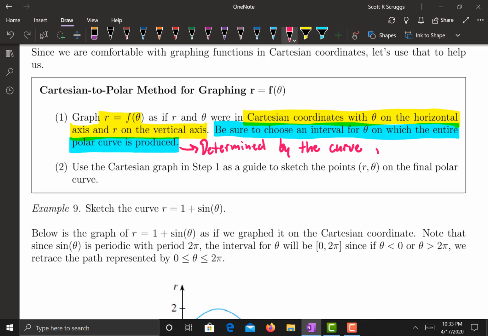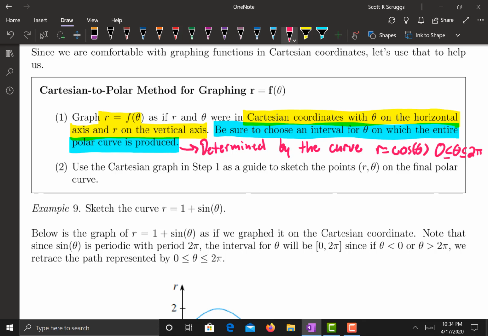by the curve. So say, for example, I had r equals cosine of theta, and I wanted to graph this in polar coordinates. We know it's a circle now, but let's pretend we didn't. Because I know that cosine is periodic with period of 2 pi, I'm going to restrict my angle to 0 to 2 pi.